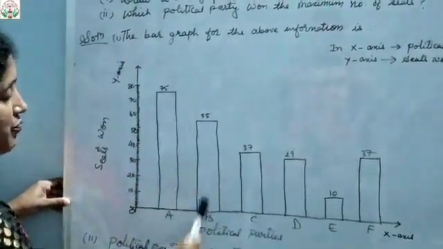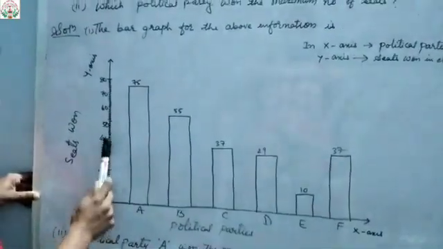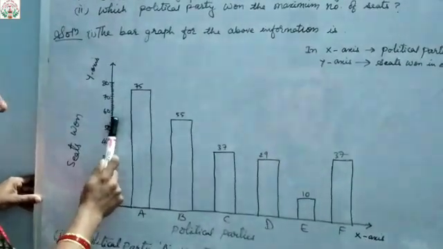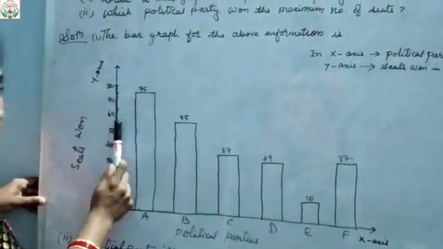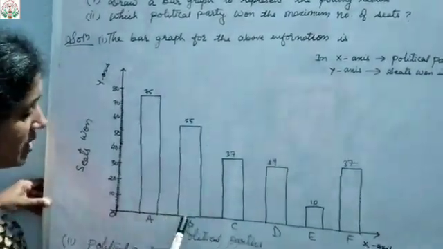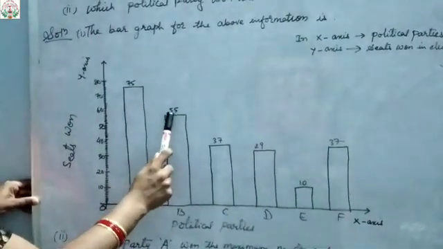Then again for B political party, what is that? 55. So 55 means after 50, again count 1, 2, 3, 4, 5. 5 lines means 50 line. With the scale, take this line straight and draw a rectangular box for B political party and mark it on the top.